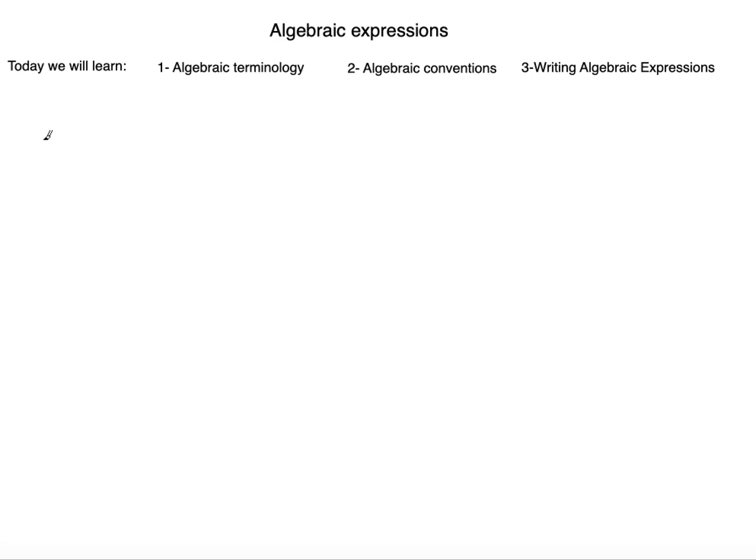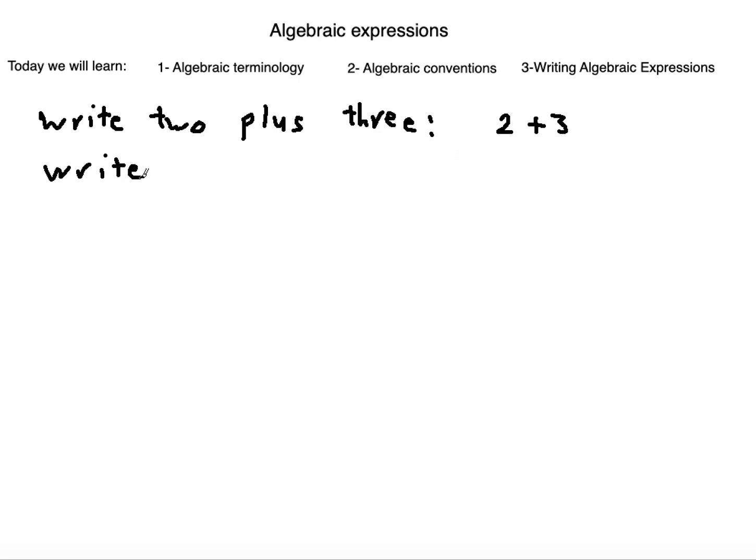So if they tell you, for example, write 2 plus 3, mathematically you write 2 plus 3. Then if they told us write e plus 3, you're going to say e plus 3, the same thing. Just you replace the 2 with e.